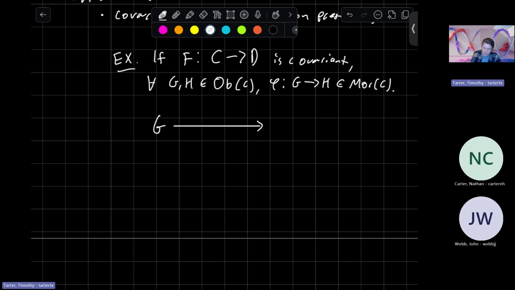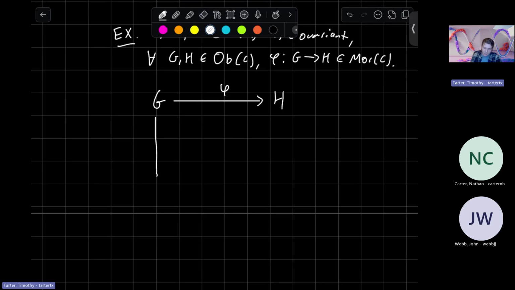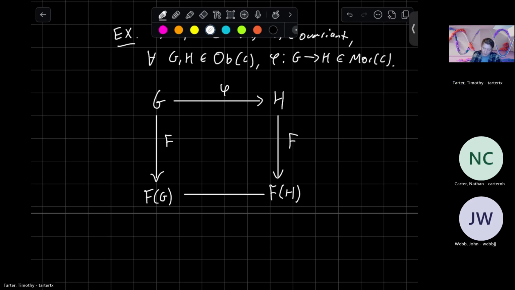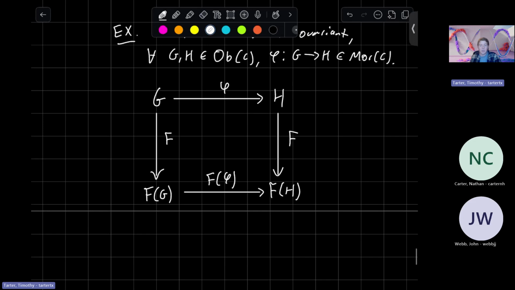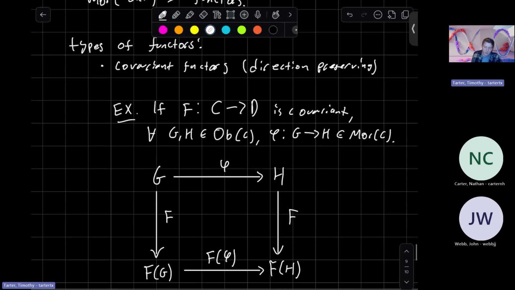From G to H by phi, when we say direction preserving, what we mean is that when we push down by f, we get f of G, we get f of H, but we also get a map f of phi, and it's going the same direction.